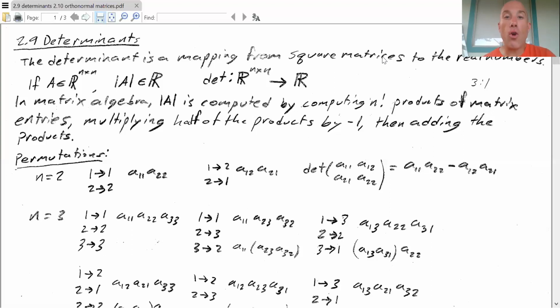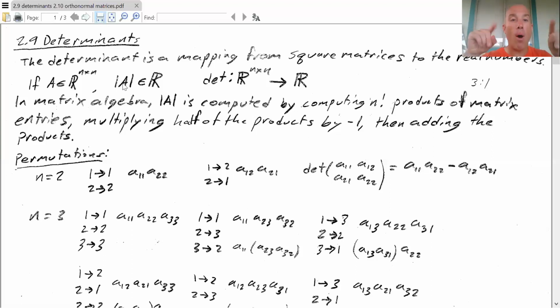All right, so the determinant is a mapping from square matrices to the real numbers. Here, I'm going to say that A is a square n by n matrix, and the determinant of A, I'm going to write with absolute value bars around A. It's not absolute value, but it looks the same. This is going to be a real number. Now, this number can be positive or negative.